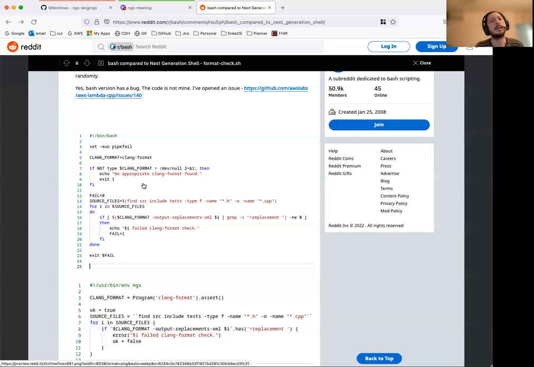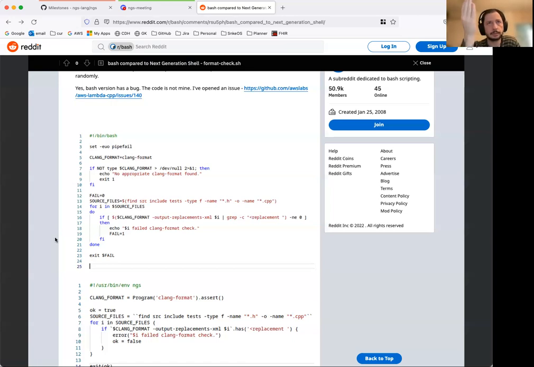But another thing is actually bothering me, and I don't know what to do about this. Maybe, guys, you have ideas. These conversations about comparing Bash and NGS, like 99% of the time, go in the direction of, okay, we can improve this Bash script. Why? Yes, it's not a perfect script, but it was out there. I don't know if I can call it typical, but it was on the net.